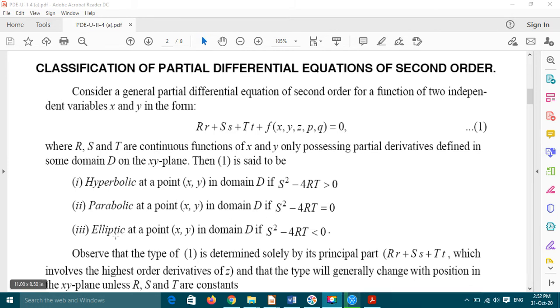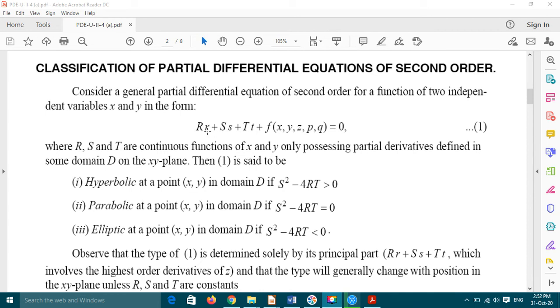And the differential equation 1 is said to be elliptic at a point (x, y) in the domain D if s² − 4rt is less than 0. So, if a second order partial differential equation is given, then you find the value of s² − 4rt.